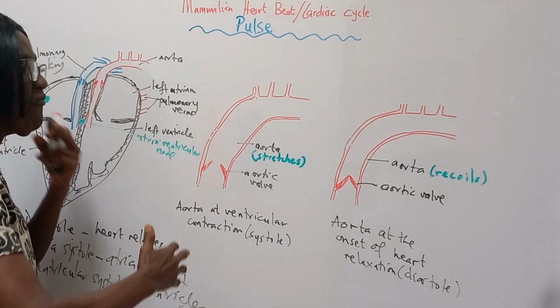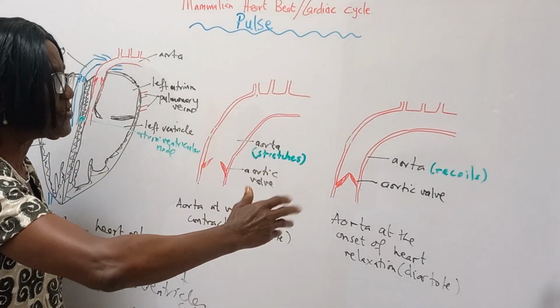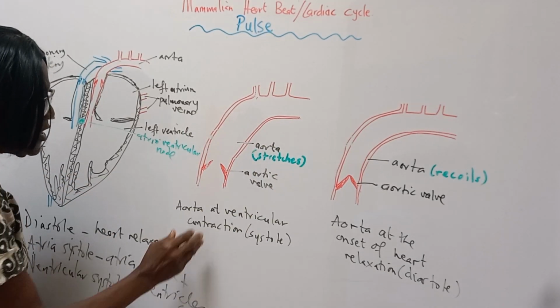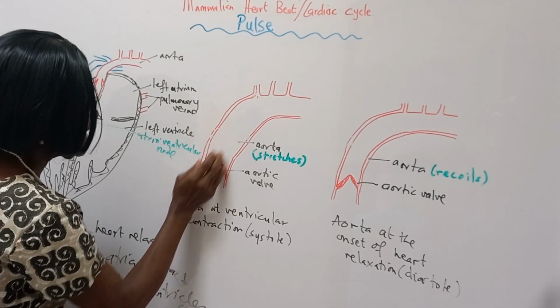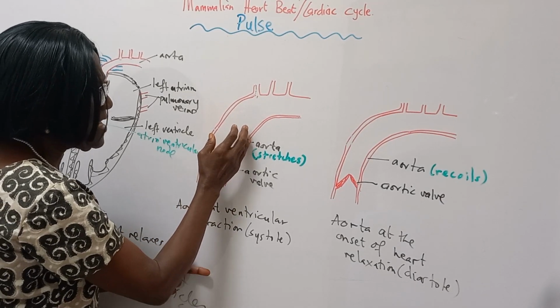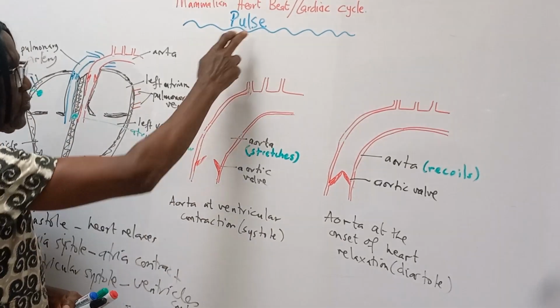Pulsation flow of blood through the arteries and the arterioles is due to the stretching of the aorta to take in blood and quickly recoiling to prevent a backflow, causing a squeeze or a push and a surge. That is pulse.